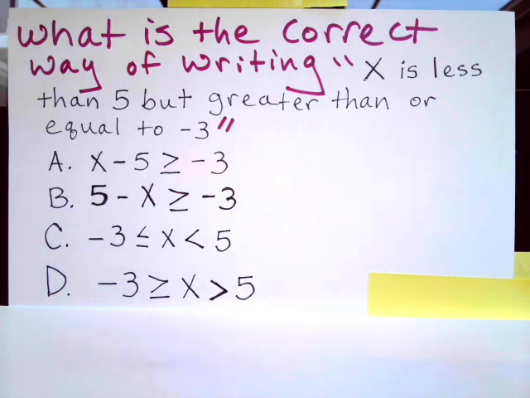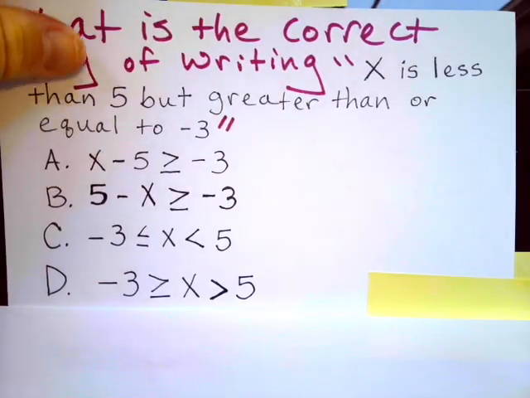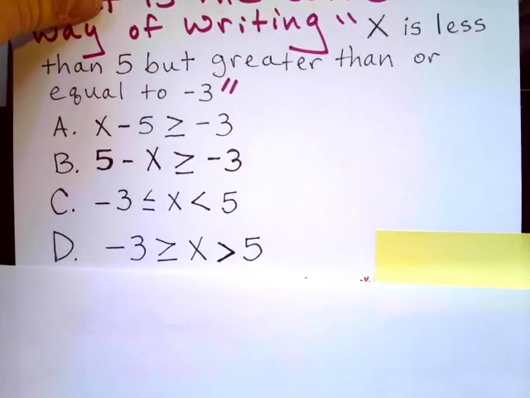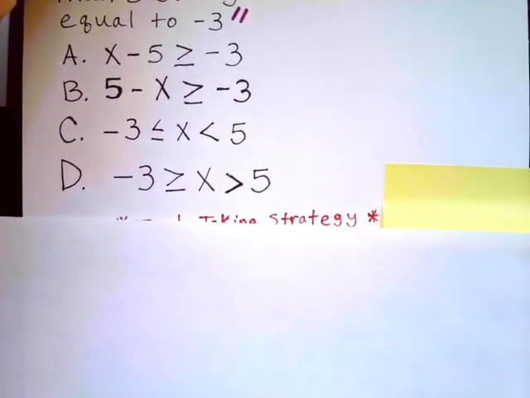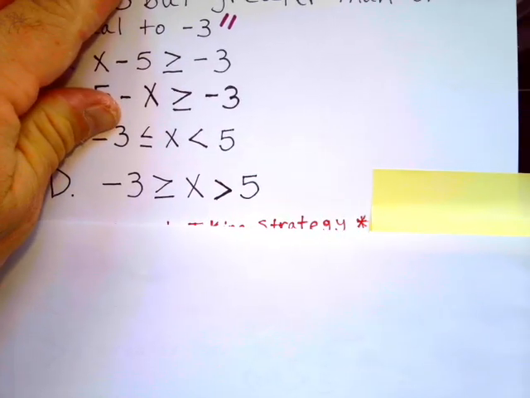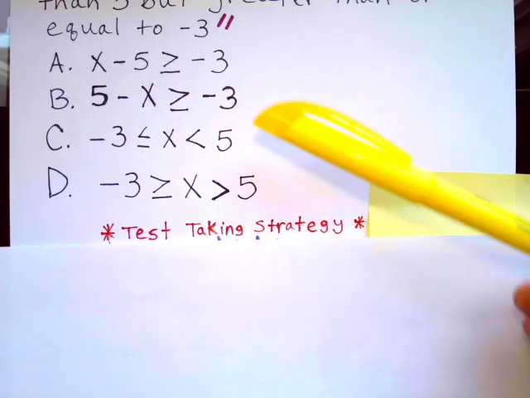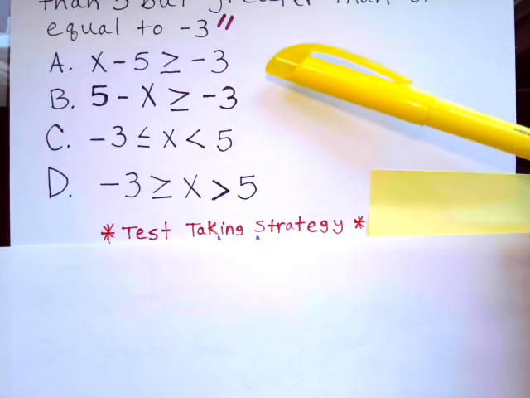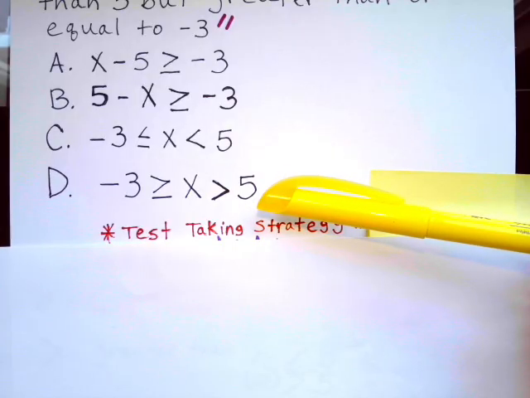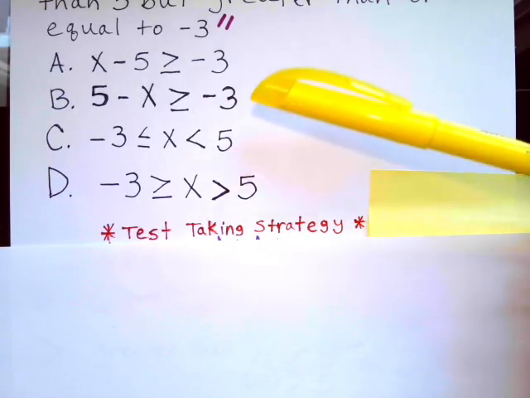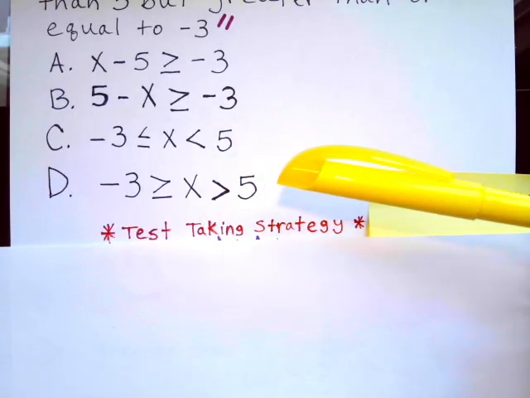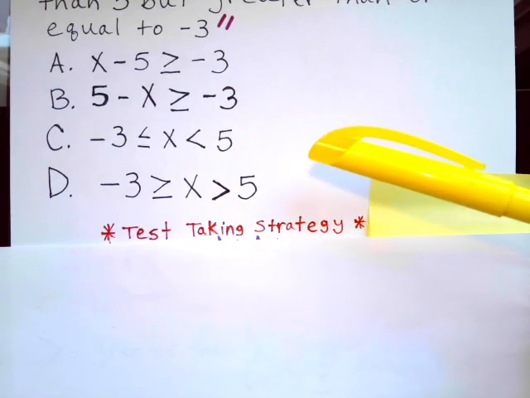So I'm going to come back and go over these again to go over a test-taking strategy. You're saying, what? A test-taking strategy? What are you talking about? Well, if you can eliminate one or two of these A, B, C, D options, that would leave you just two to guess from if you do not have any clue what you're doing.